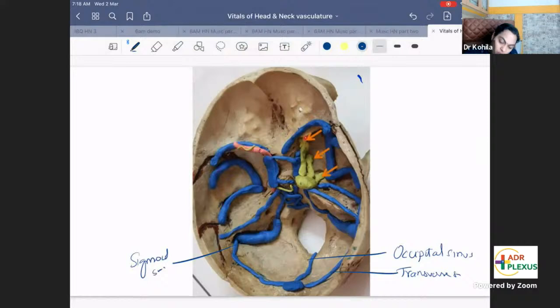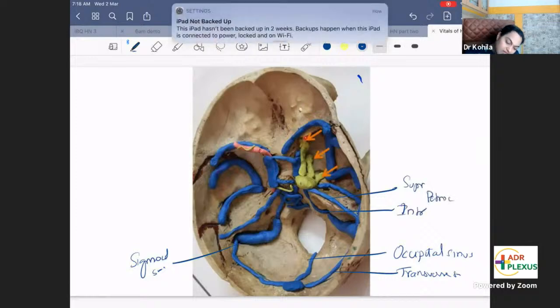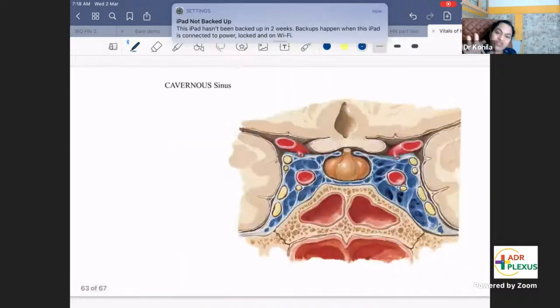The superior and the inferior petrosal sinus. And this is the middle meningeal veins that you told. Sphenoparietal. I've tried to show you the petrosquamous also. This is the cavernous. So cavernous sinus on either side of the body of the sphenoid.